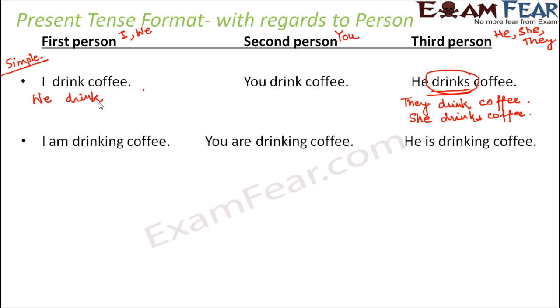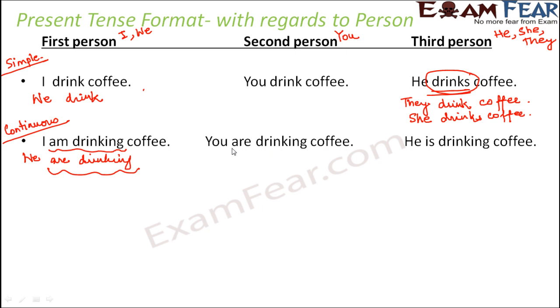Now, if you talk about the present continuous tense, in first person you would say, I am drinking coffee. Now if you make it plural, instead of I, we am drinking coffee? No, it would be we are drinking coffee.